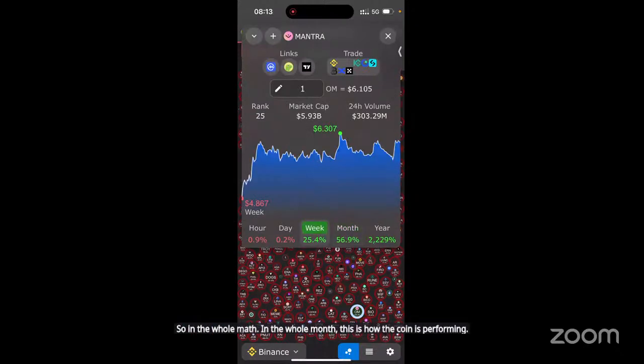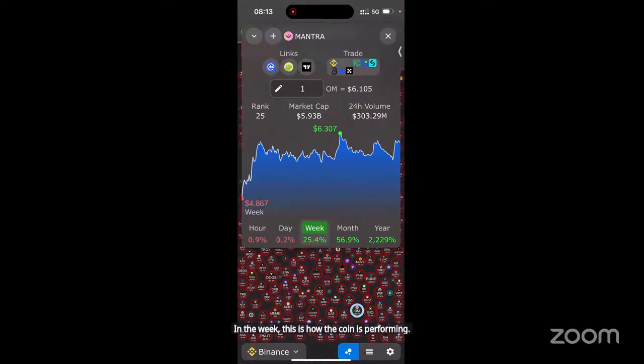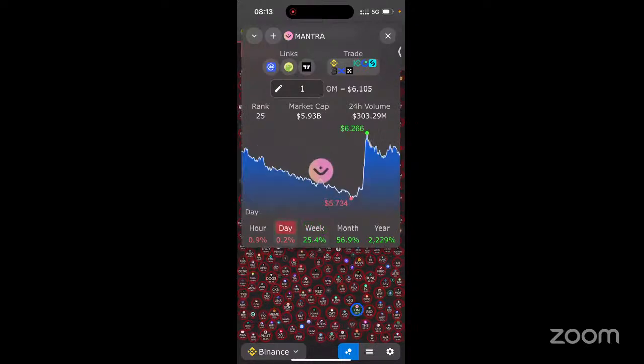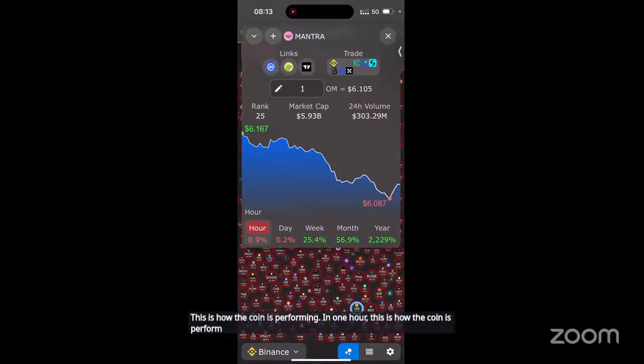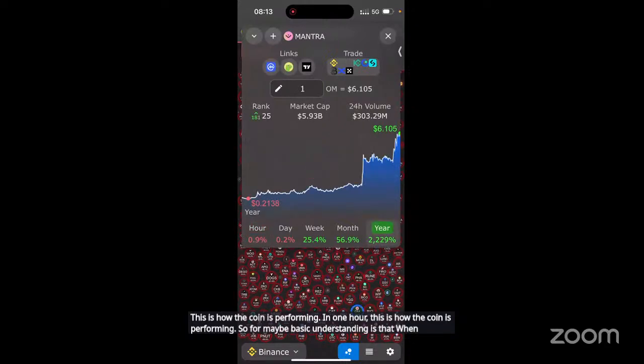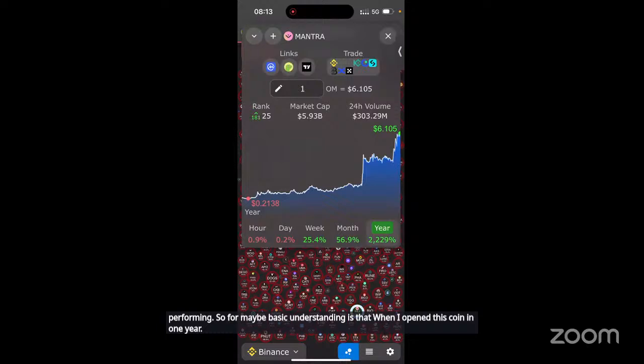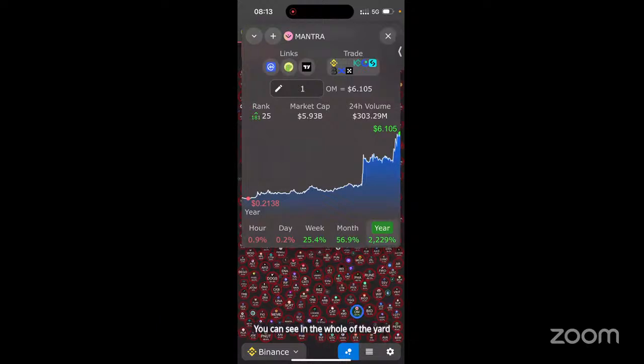In the week, this is how the coin is performing. In a day, this is how the coin is performing. In 1 hour, this is how the coin is performing. For basic understanding, when I open this coin in 1 year, you can see in the whole of the year, this coin has been on an uptrend.